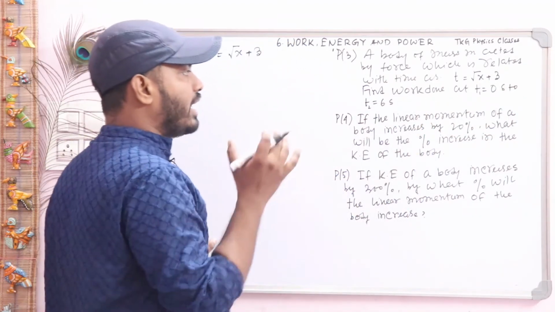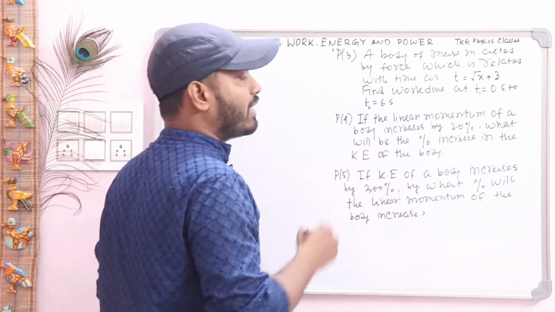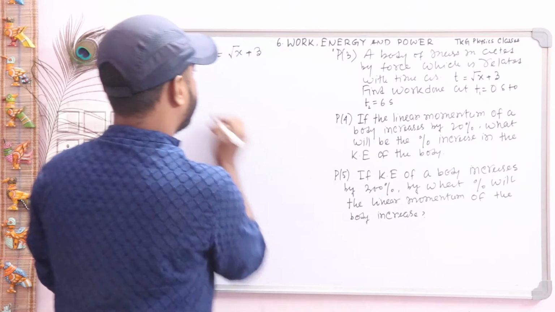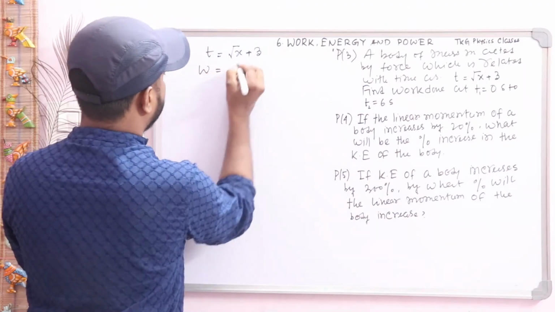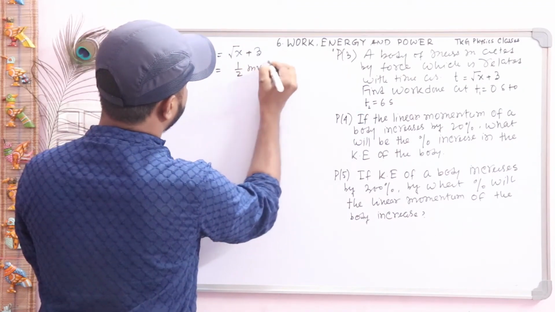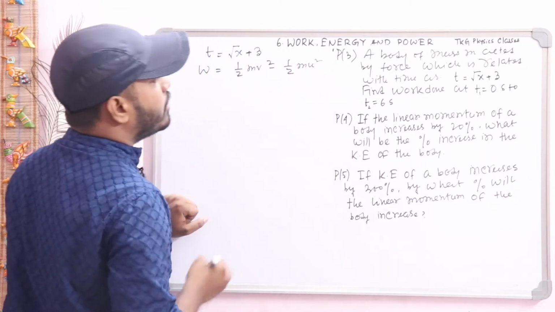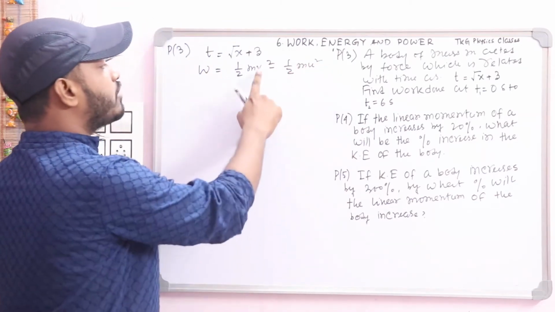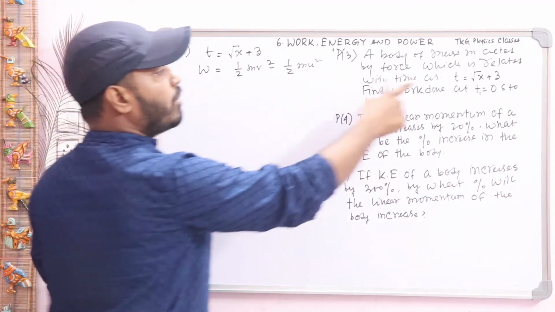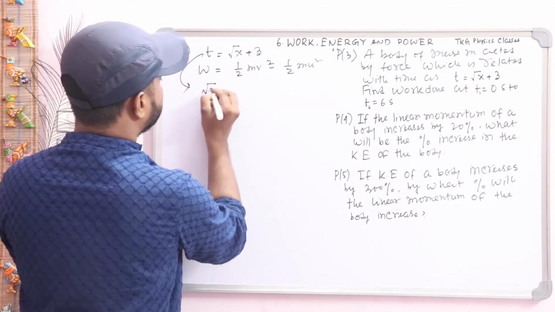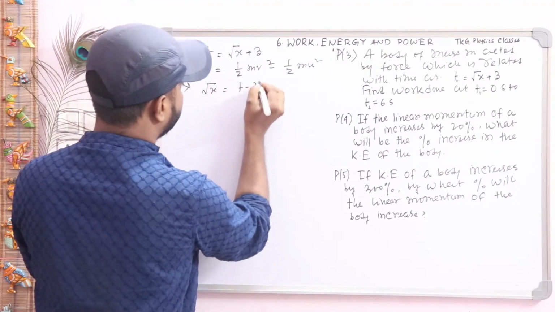Same thing here, you have to find out work done but force is not given. So method is same. You have to use work energy theorem, that is work equal to half mv square minus half mu square. So at first you have to find out v and u with the help of this equation.